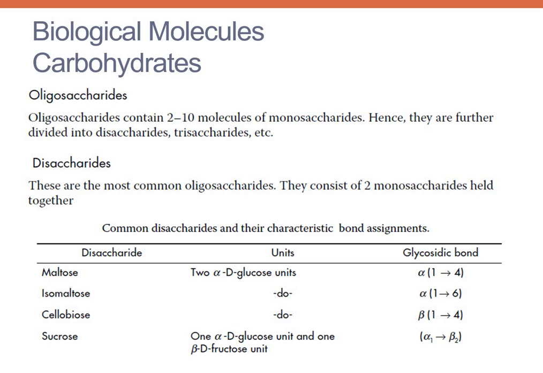On the basis of the number of carbon atoms, monosaccharides can be referred to as triose, tetrose, and so on. In the case of oligosaccharides, you have 2 to 10 molecules of monosaccharides, and they can be further divided into classes like disaccharide, trisaccharide and so on.